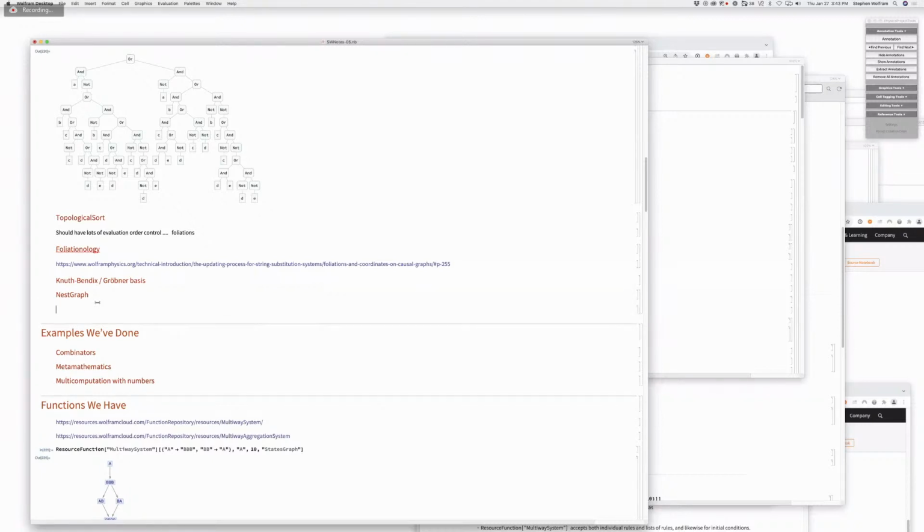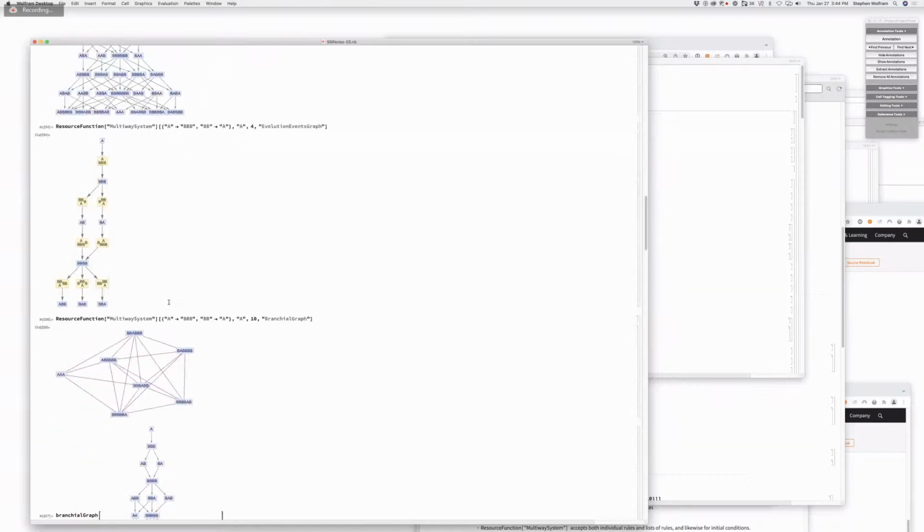So nest graph can make a multi-way graph, but doesn't tag things correctly. But it's worth realizing that nest graph is a super convenient way to make a multi-way graph. The other thing is that it can't make token event graphs because it's always got one input.